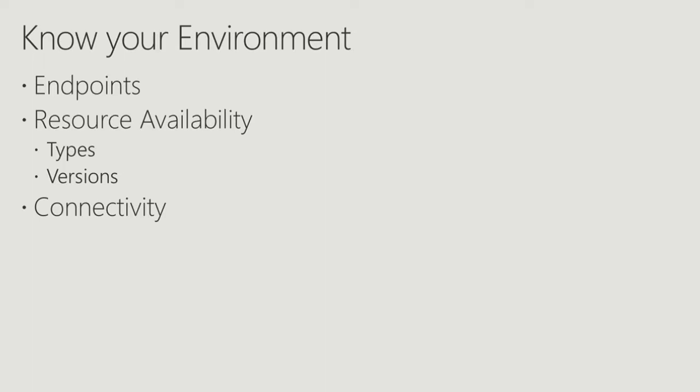Depending on the hybrid application that you are creating, you need to ensure that from a connectivity perspective you are covered. VPN is a solution, ExpressRoute is another solution. There are ways to do that. So know your environment, and when you design your templates and automation, take that into consideration.